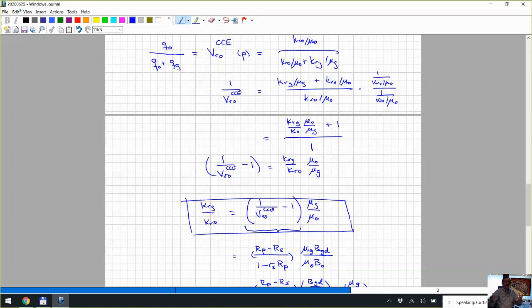The model will have to adjust its saturation to get a KRG and a KRO that satisfies this equation. And there's only one saturation that it can get to get that. Any questions or comments or thoughts?